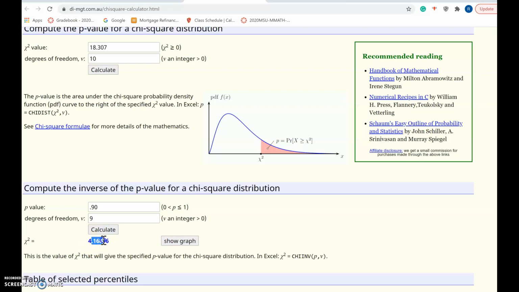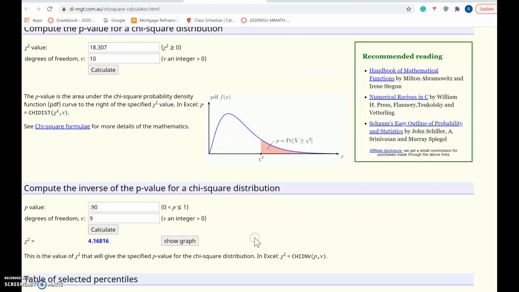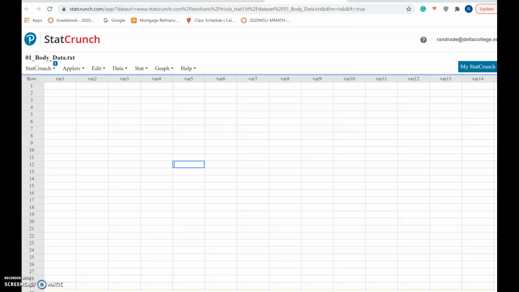You're going to find that we're matching 4.168, which is what the table gave us. That's one way to find these values using technology. MyMathLab is going to want you to use technology on some of the problems because the table is way off.